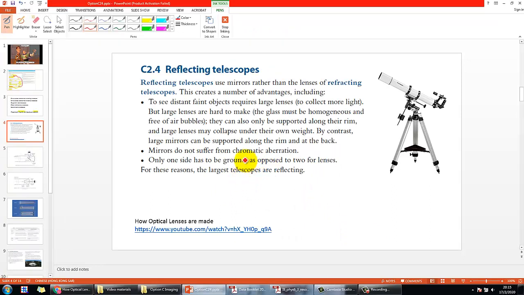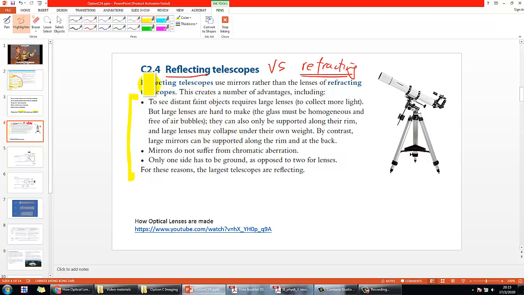Let's talk about the difference between the reflecting telescope versus the refracting telescope, the one that we learned in the previous video. This is a nice comparison in the textbook that I found, and also quite nice to consider. Imagine you are the engineer building telescopes in the future.